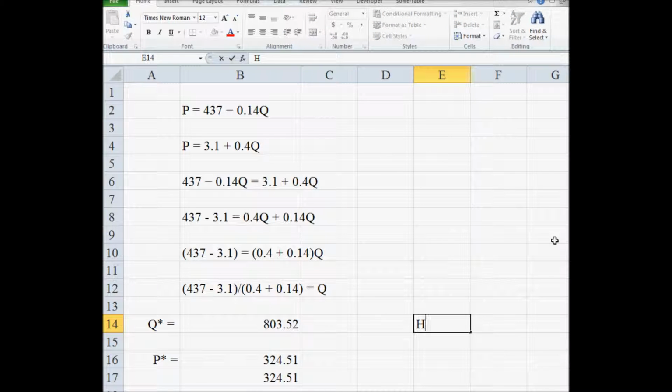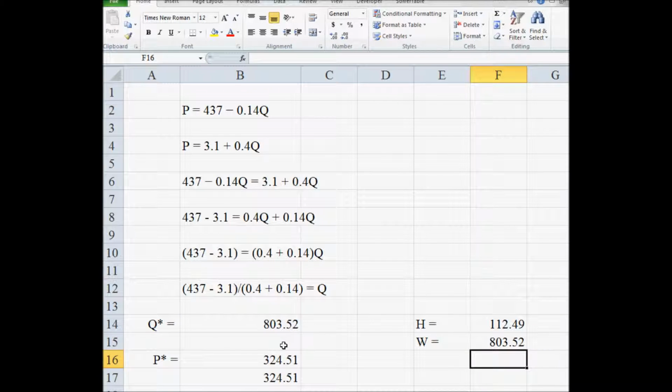So the height of the triangle is the intercept of the demand curve minus the equilibrium price. The width of the triangle is the equilibrium quantity. The consumer surplus is just the area of the triangle. And remember, a triangle is height times width times 0.5. So consumer surplus is 45,194.94.